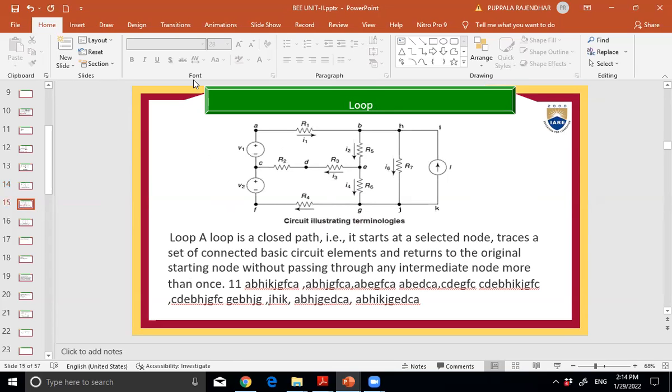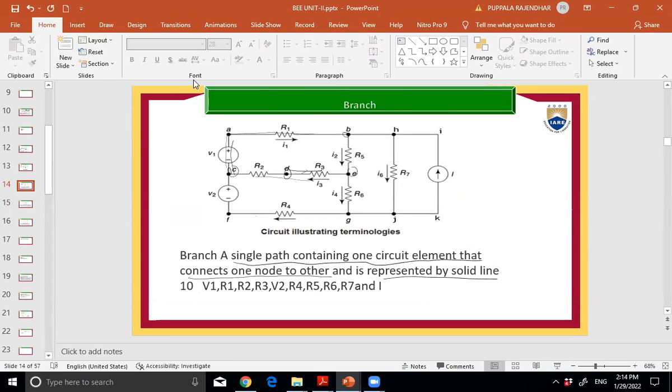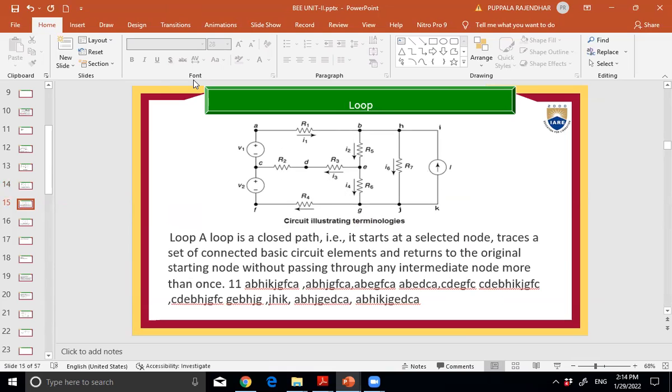What is a loop? You know already: loop analysis, mesh analysis. What is a loop? It's a closed path.